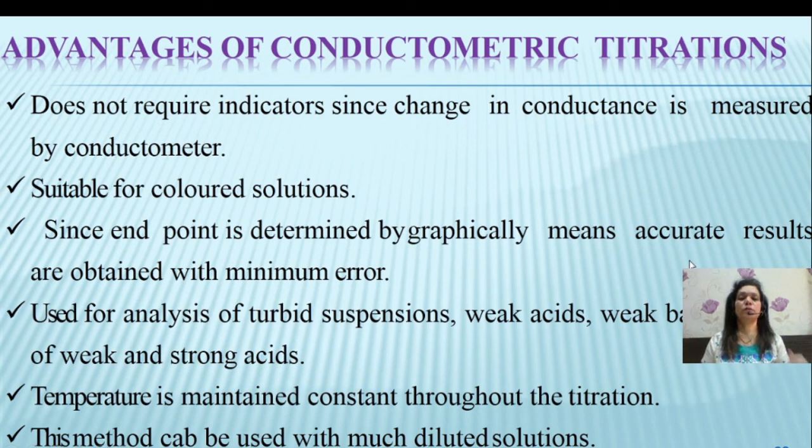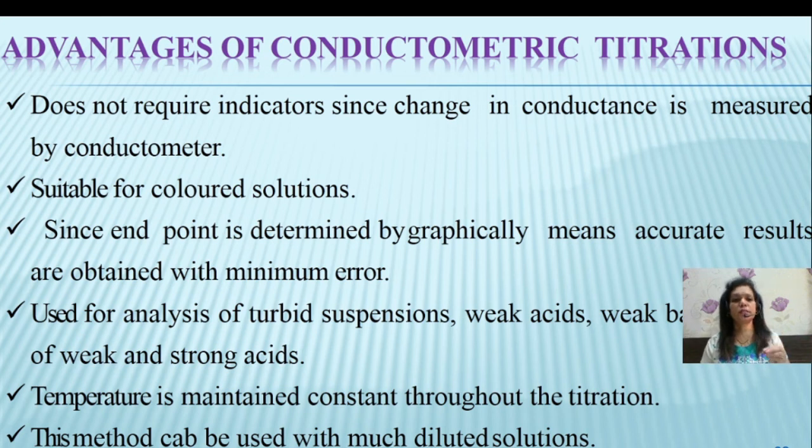Looking at these broad applications of conductometric titrations, we can definitely quote different advantages: no need of indicator, suitable for colored solutions, accurate endpoint results by utilizing a graph, analysis of turbid solutions, weak acids, weak bases, and mixtures of weak acid and strong acid is possible.